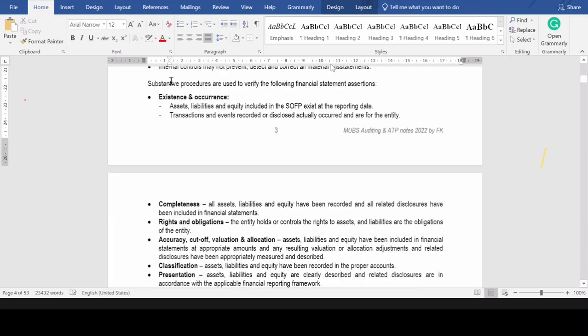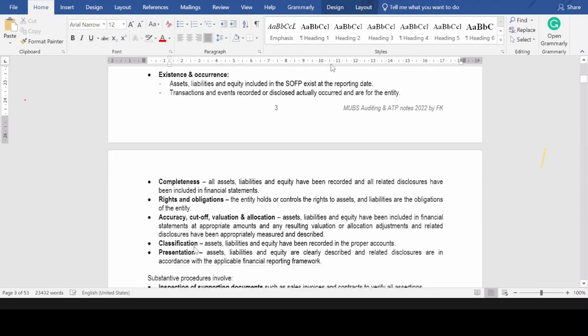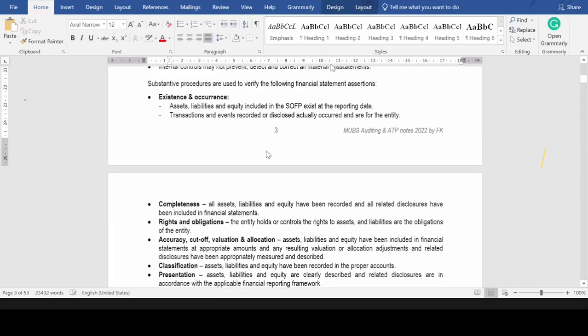We use substantive procedures to test for existence and occurrence, to test for completeness, as you have been hearing me saying. These ones we studied in topic 3. To test for rights and obligations, to test for accuracy, to test for classification, test for presentation. We studied in topic 3. We know what these ones mean. The assertions of classes of transactions, assertions of account balances.